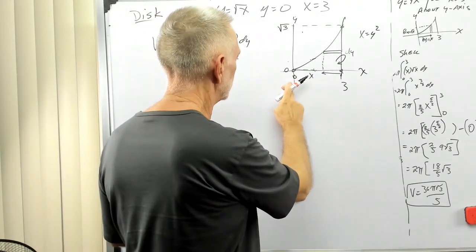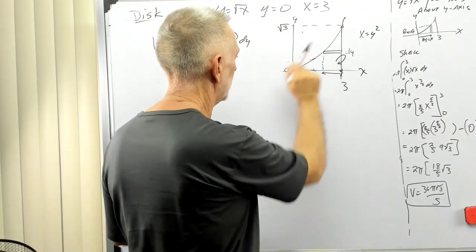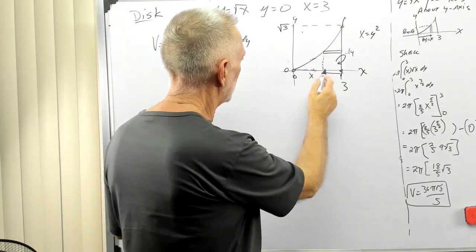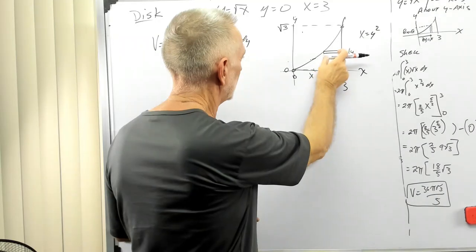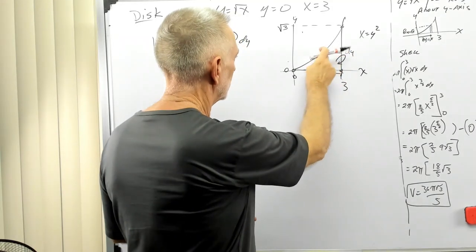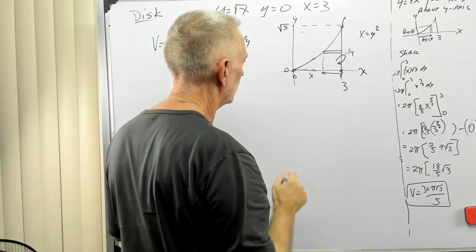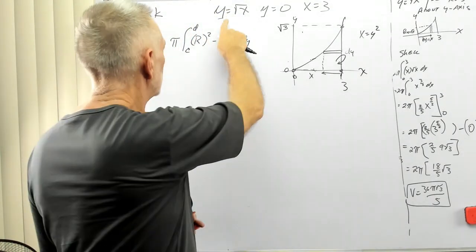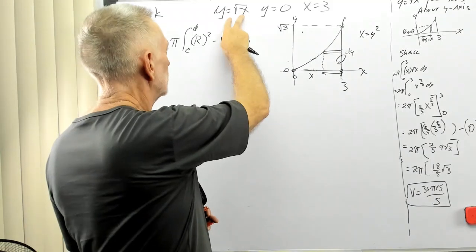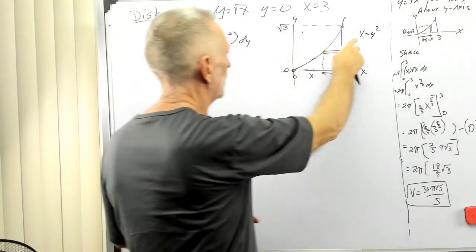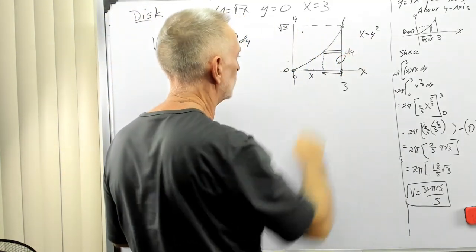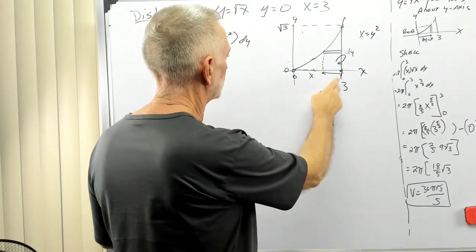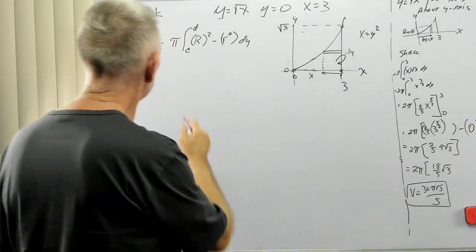Well, the distance from 0 to here would be x, so 3 minus x gives me that distance. Since we're integrating with respect to y, I need to say what x is. If I square both sides, x equals y squared. So instead of 3 minus x, it's 3 minus y squared.